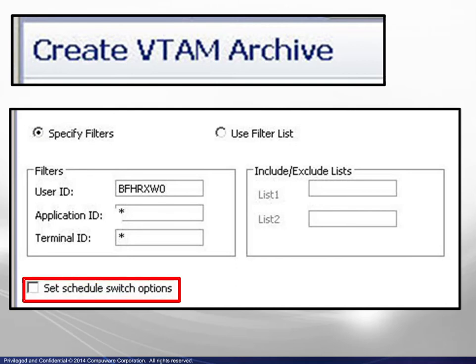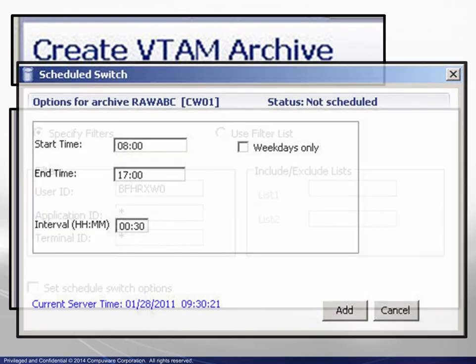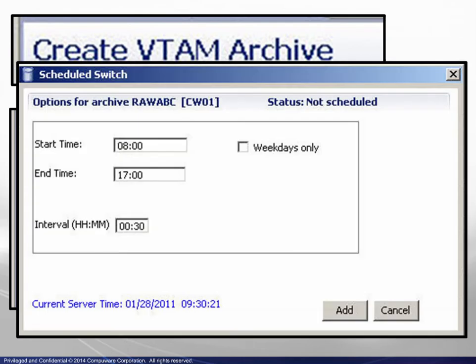Checking the Set Schedule Switch Options checkbox displays the Schedule Switch window. Here you can tell the archive how frequently and during which hours you would like the scheduled switch to take place.